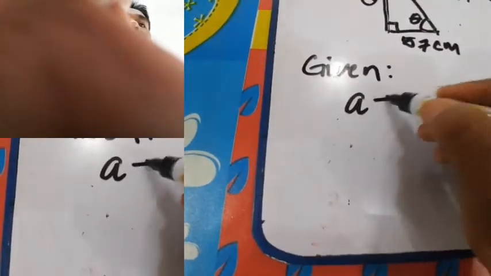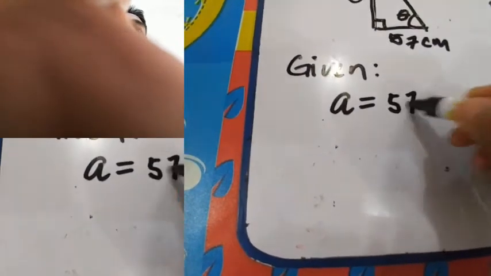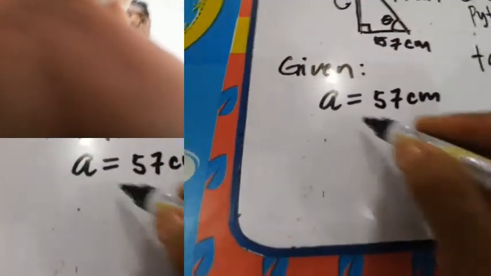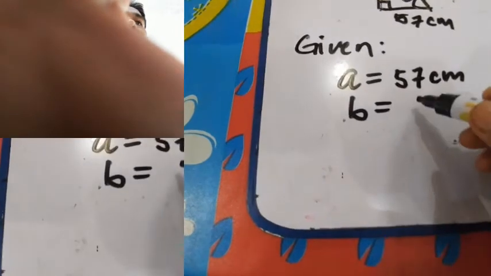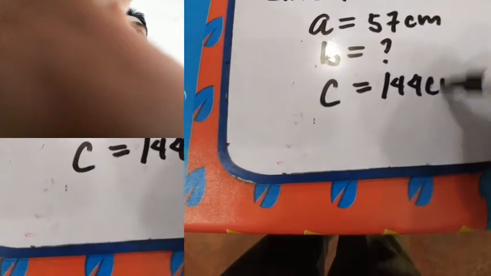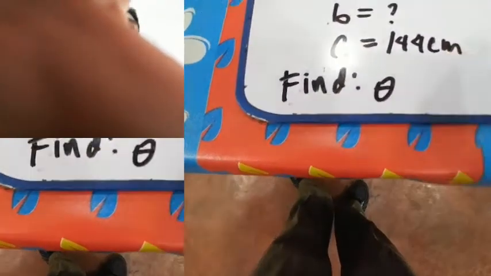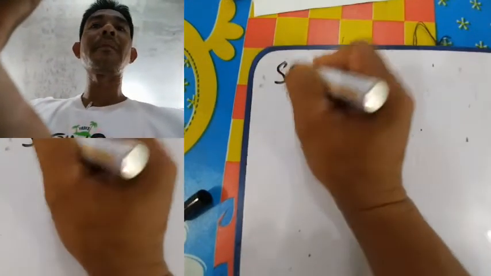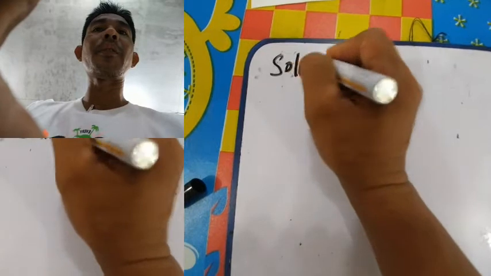Side A is 57 centimeters, B is unknown, and C is the length of the round bar, that is our hypotenuse, 144 centimeters. And we're going also to find the angle theta. First, we're going to solve for B.